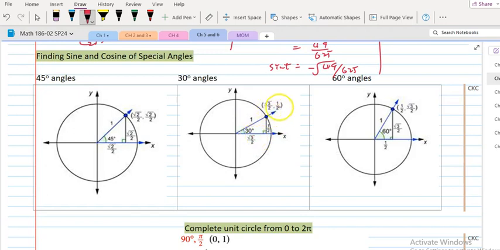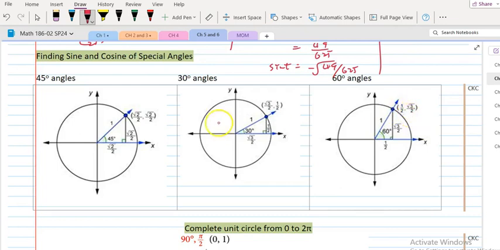So your xy coordinate is root 3 over 2 comma 1/2 if your angle is 30 degrees. Likewise, if the angle is 60 degrees, then my 1/2 would be on the x-axis and my root 3 over 2 on the y-axis. My point is 1/2 comma root 3 over 2.